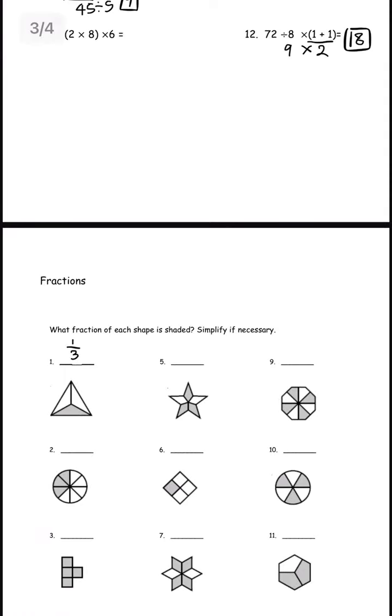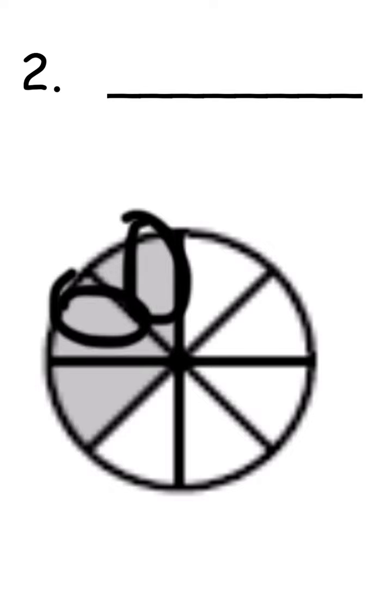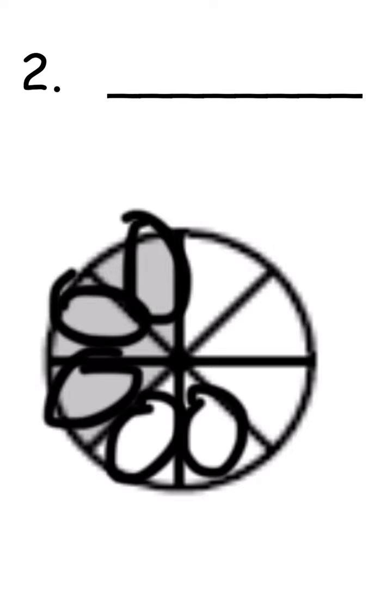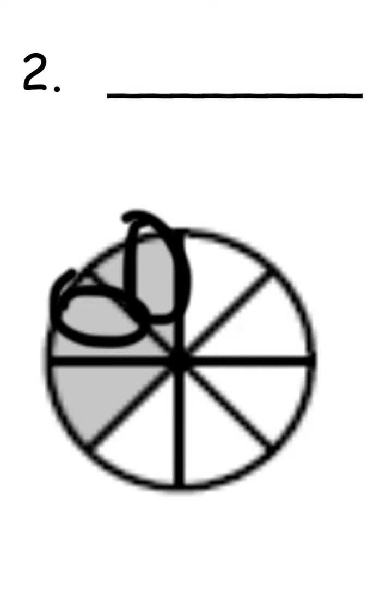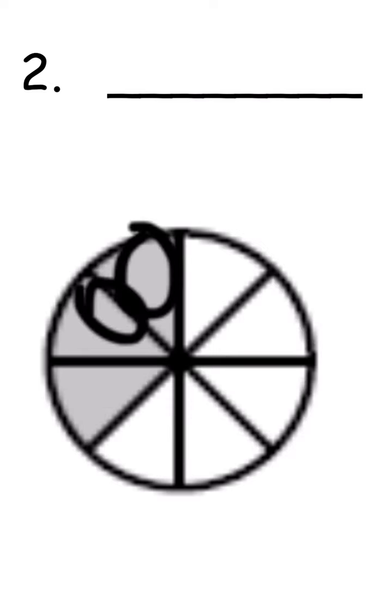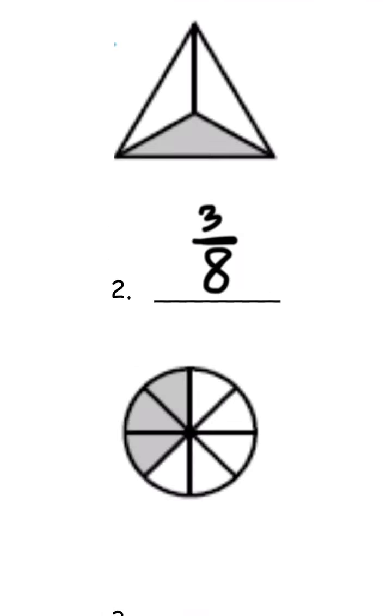Let's look at number 2. For number 2, there are 1, 2, 3, 4, 5, 6, 7, and 8. And only 1, 2, 3 parts are shaded. So 3 parts out of 8 sections are shaded.